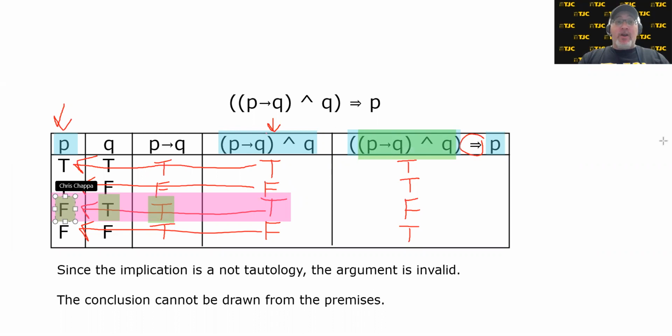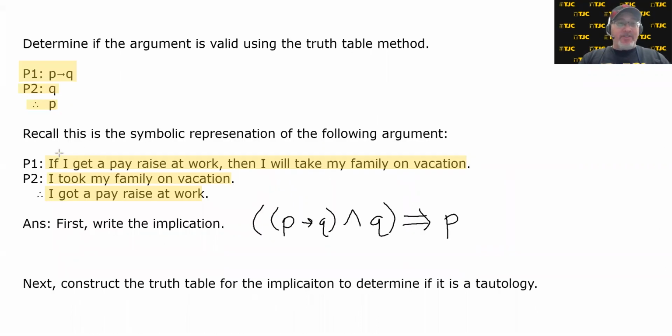The scenario where P is false and Q is true. Remember that P was I get a pay raise and Q is I take my family on vacation. So if I don't get a raise and I take my family on vacation, then the first premise is true, I didn't break my promise. The second premise is true, but the conclusion is false. The argument is invalid. You cannot conclude that I got a pay raise from work.